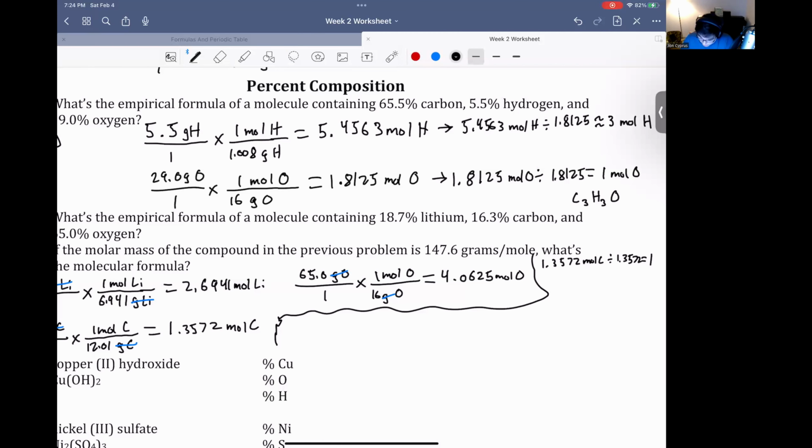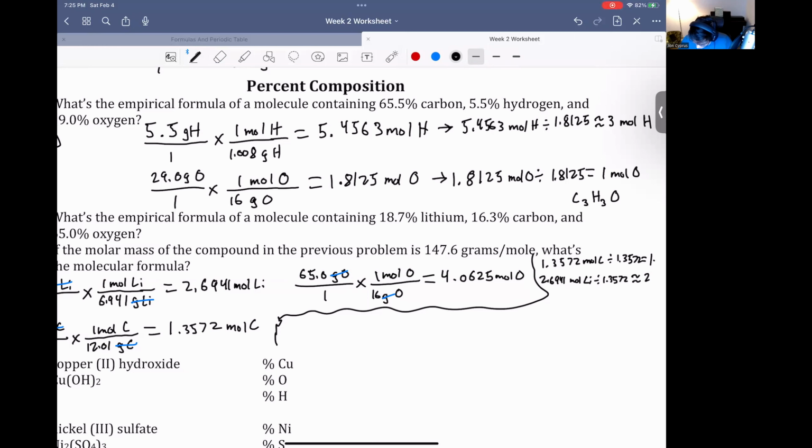Next, I'll do lithium: 2.6941 moles of lithium divided by 1.3572. It should be about equal to 2.